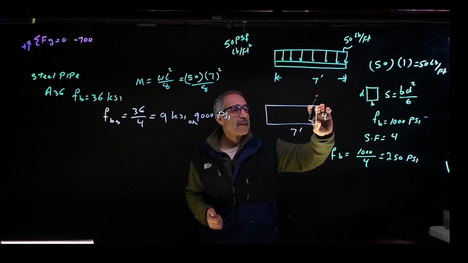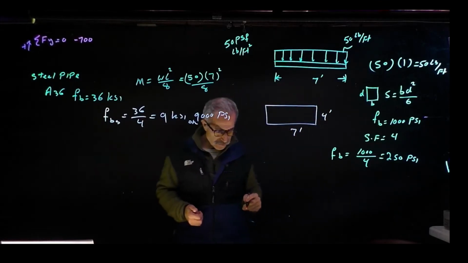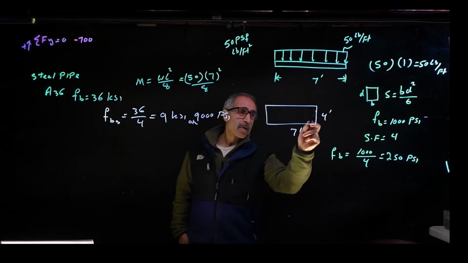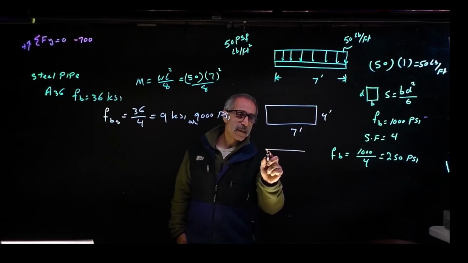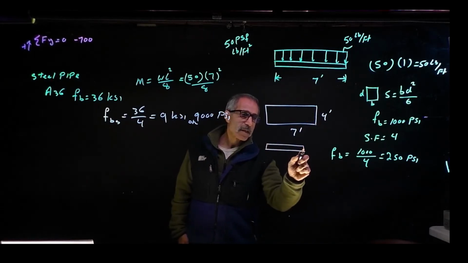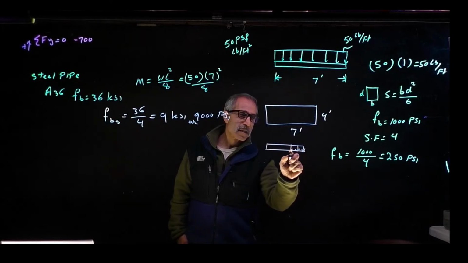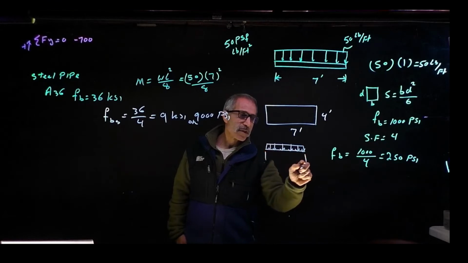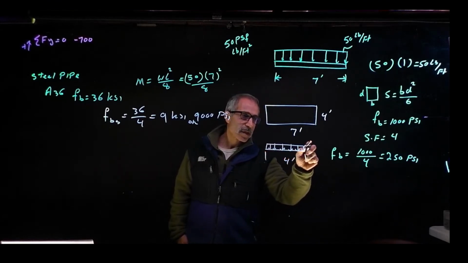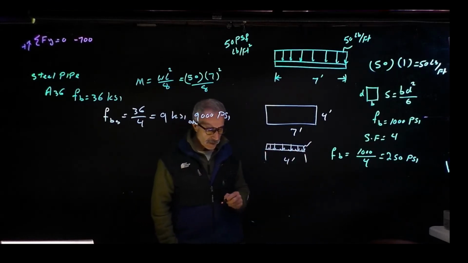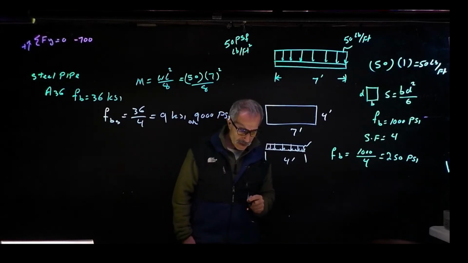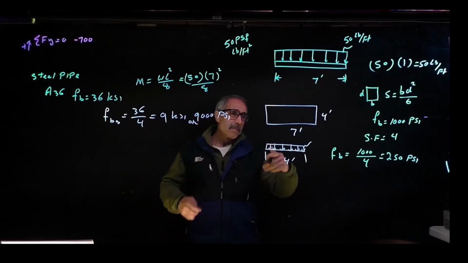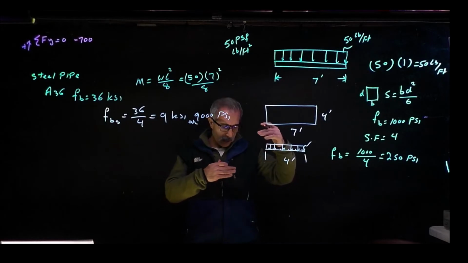Now we're going to look at here from this angle. And we're going to look at that angle, so we're going to say, all right, this is right here. That's my load. And this is 4 feet. What is this load right here? Remember the tributary width we talked about before.